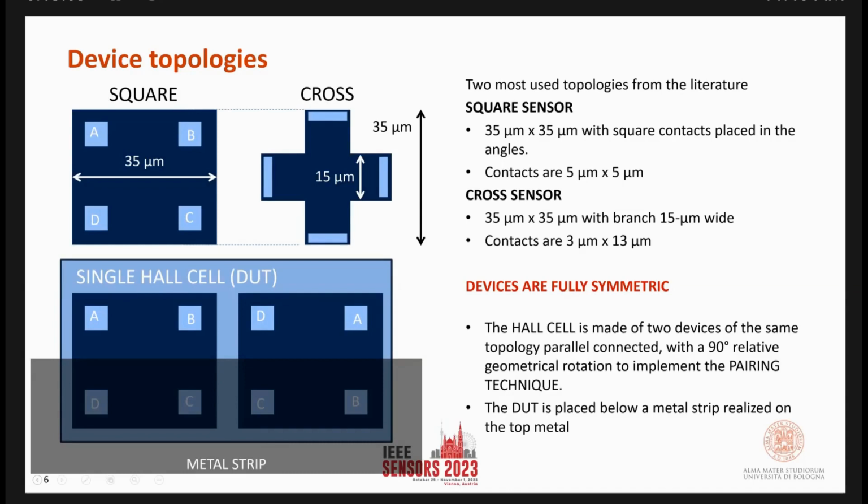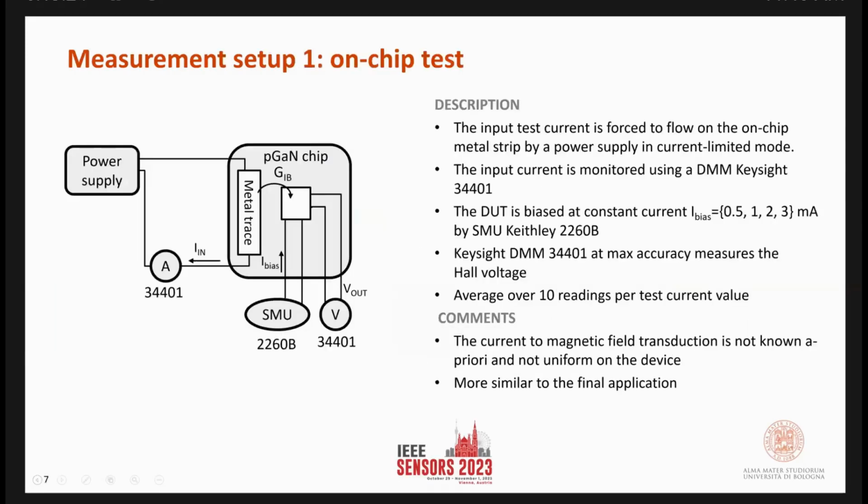In the final application, we want to put the sensor close to the device, and we want to measure the current flowing on the metal line that connects the drain or the source of the device. So we try to resemble this final application. We realized two different measurement setups.